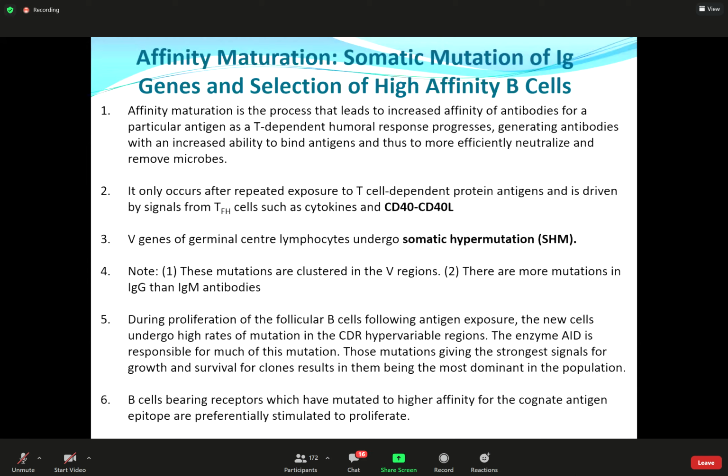This process is called somatic hypermutation, which refers to these point mutations as a result of the enzyme AID to create variations in affinity of the antigen binding region.